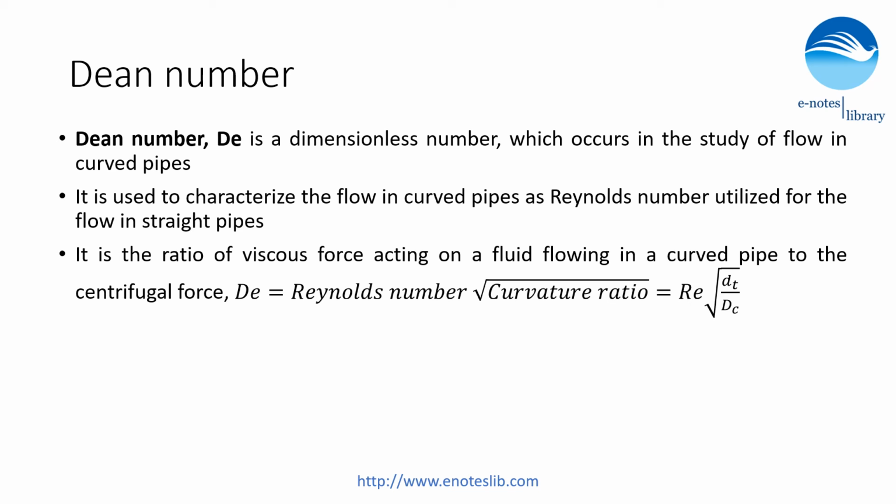It is also given by Dean number equals Reynolds number multiplied by the square root of the curvature ratio. Here it is given: Reynolds number into square root of curvature ratio. Curvature ratio is given over here as dt over dc.